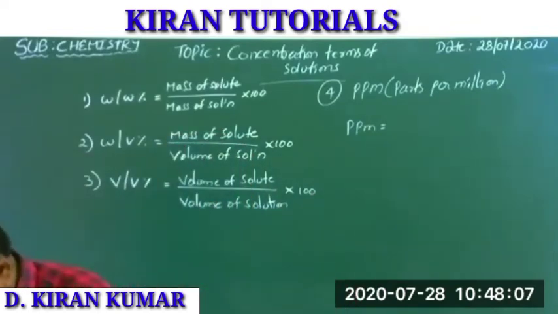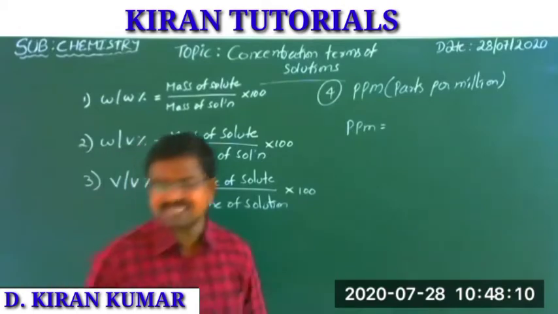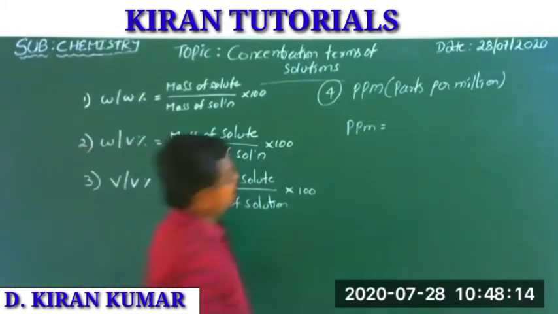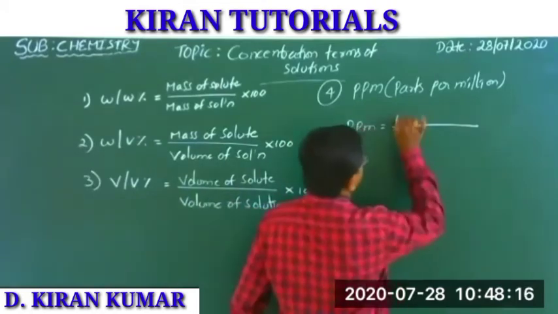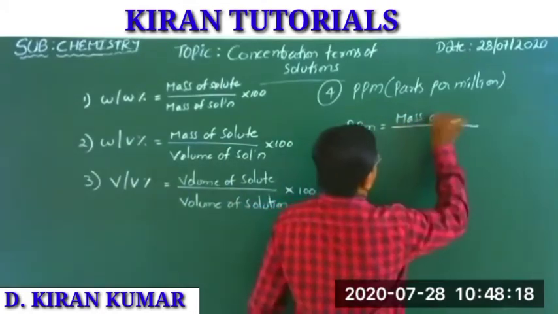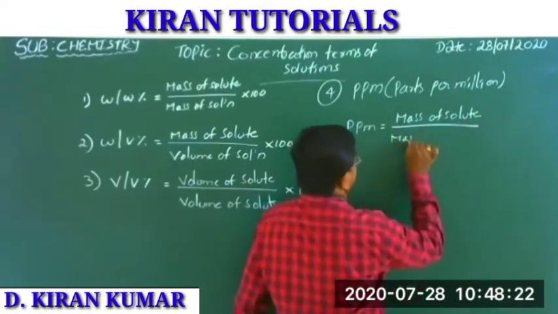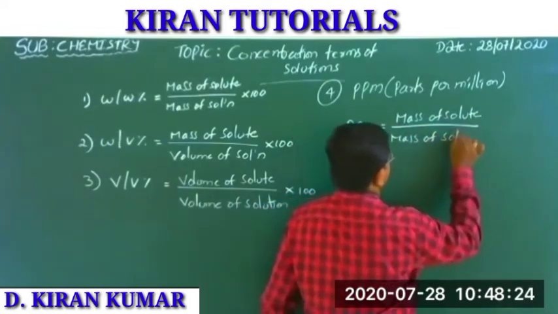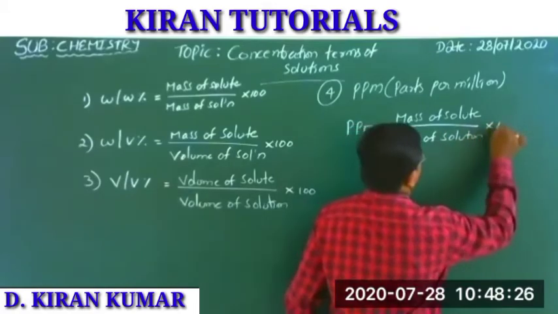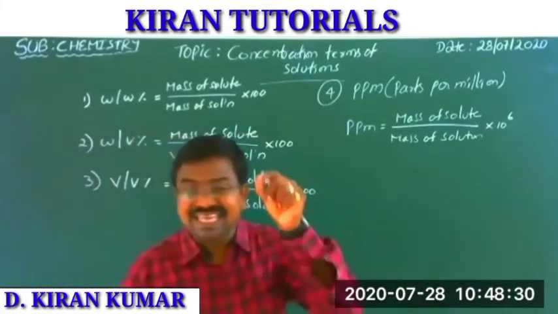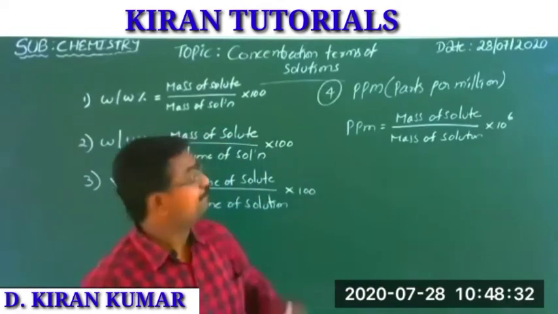Nothing but the mass of a solute present in million parts. So what is the formula? Mass of a solute by mass of solution into 10 power 6. So that is about ppm, parts per million.